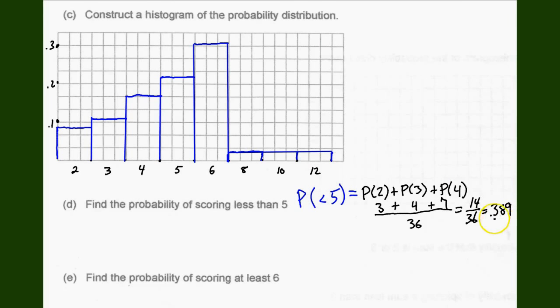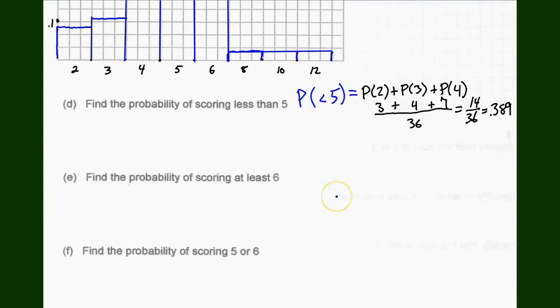Which is basically 39%. If you round that up a little bit, if you're actually talking to somebody and conversing about this, you wouldn't say, oh, it's got about 0.389% chance. You'd probably say, oh, about 39% of getting less than a 5.